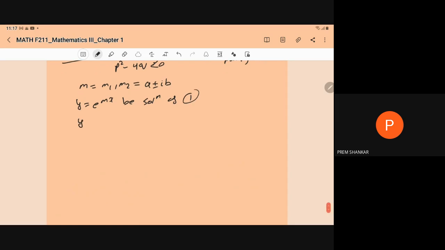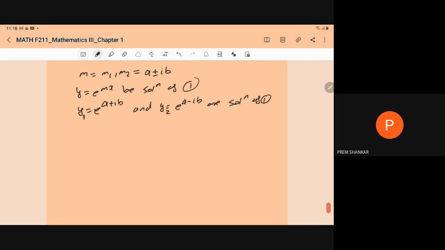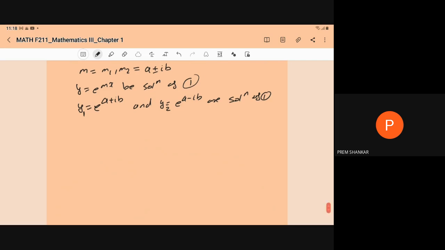It means y1 is equal to e to power a plus ib x, and y2 is equal to e to power a minus ib x, are solutions of first. But in general, for the differential equation, we require the real valued solution. Here we have the complex valued solution, that is not of much use.